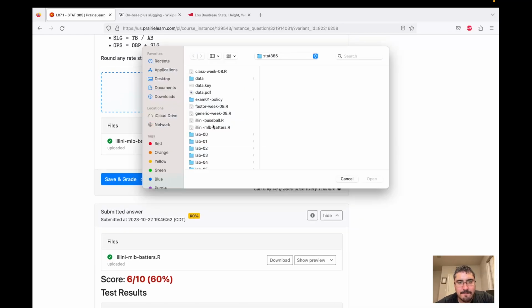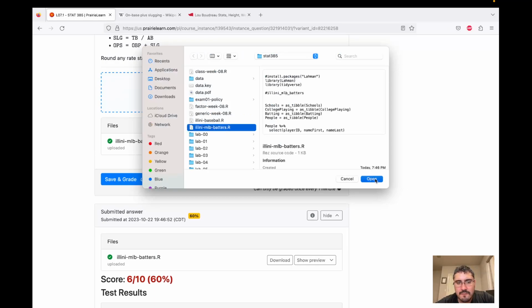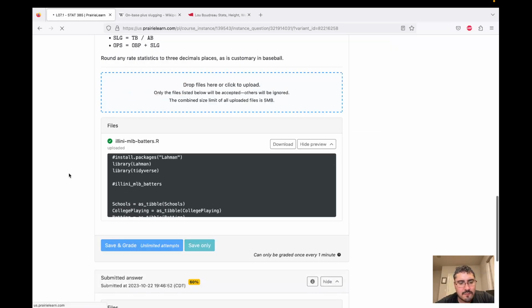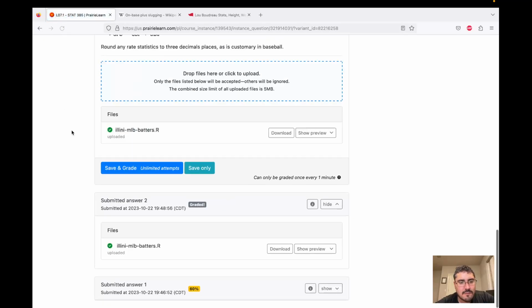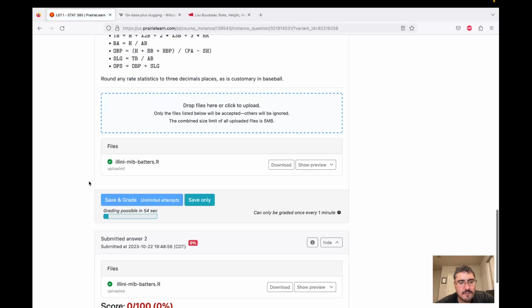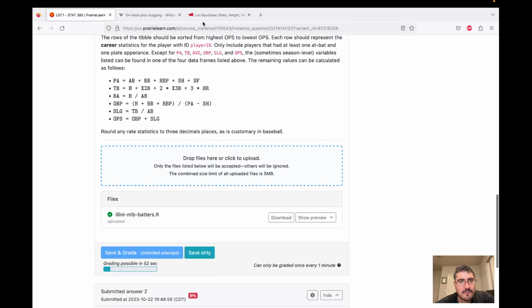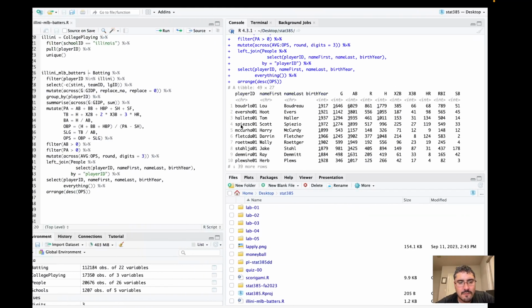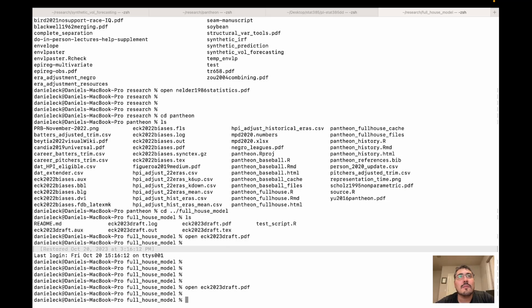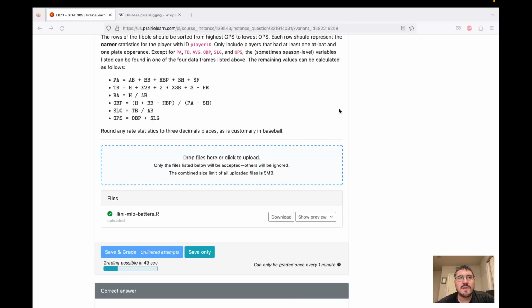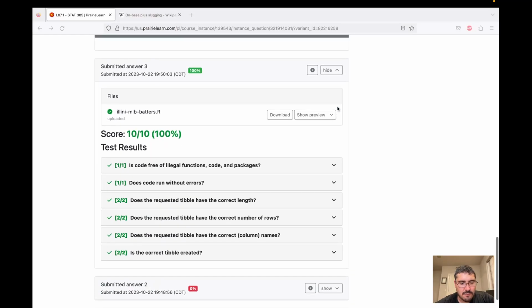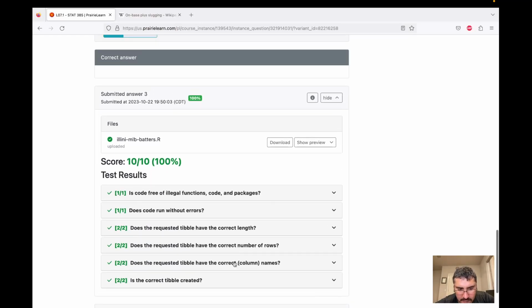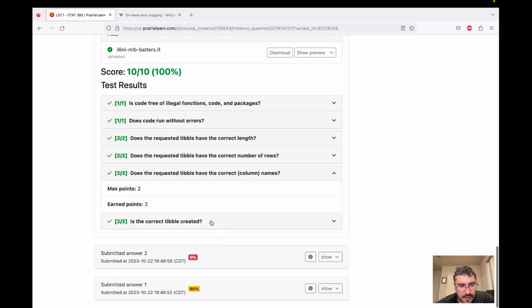Let's try it again. Sorry if it jittered there. Okay. What happened? Okay, good. So did I fix the column name? Good.